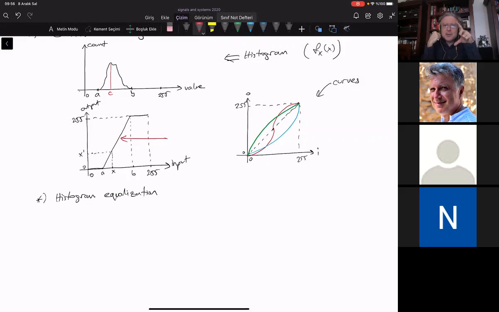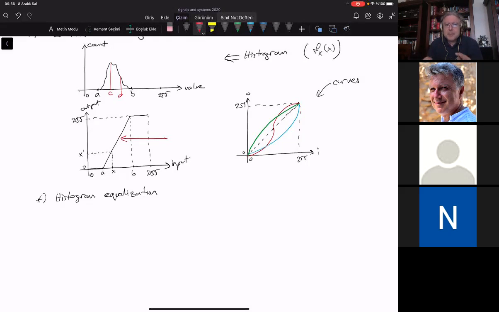So that bar will certainly be as tall as that red bar, but it will move to the right or to the left. And another pixel value, let's call it D, will have that many pixels inside the image with that value. And that height will not change, but it will move to the right and to the left.